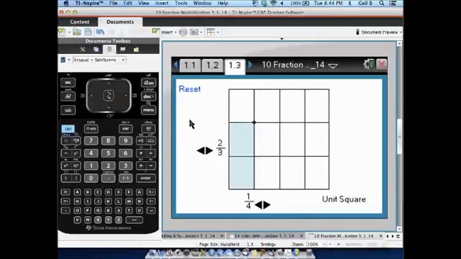I'm thinking of marking off 2/3 along one dimension of the square. So I would break it into 3 equal parts and look at a length of 2 of those equal parts, times 1 out of 4 equal parts along the other dimension, and then look at a rectangle that measures that.